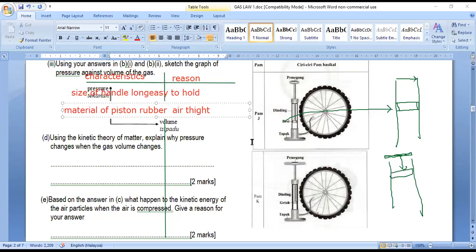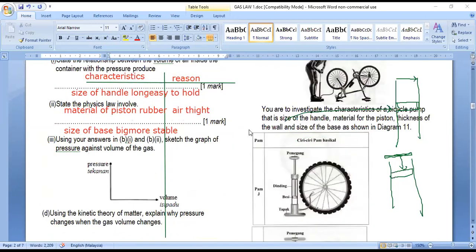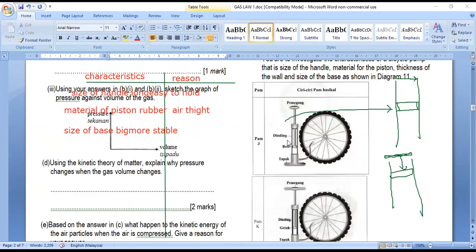Okay, next we talk about the size of the base. The size of the base must be big. The reason: more stable. Then one more, the thickness of the wall.